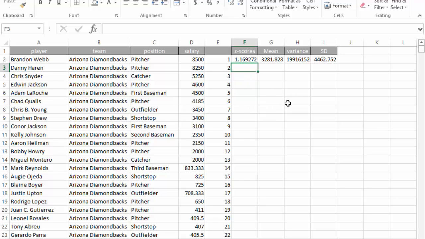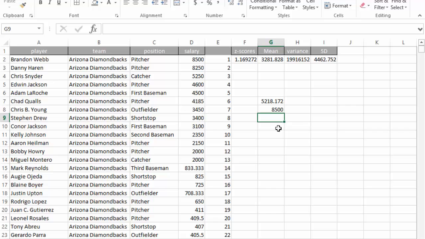So I'm going to show you something. If I take the 1.16 and I multiply times the standard deviation, I get 5,218.172. Now, if I add that to the mean, I should get back to my 8,500, which I do.